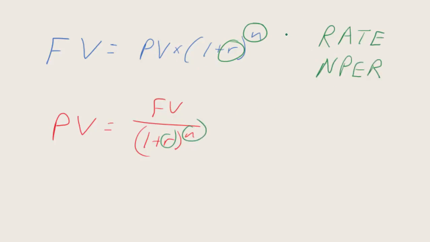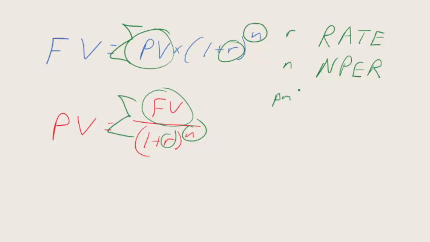Now payment, if we're working with annuities, and here we're not, here I'm just working with a present lump sum and a future lump sum. But if we have annuities, we're going to do the summation type formula with payment. That's what PMT is for: rate, NPER, payment.